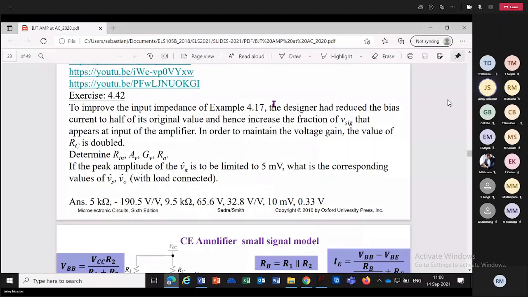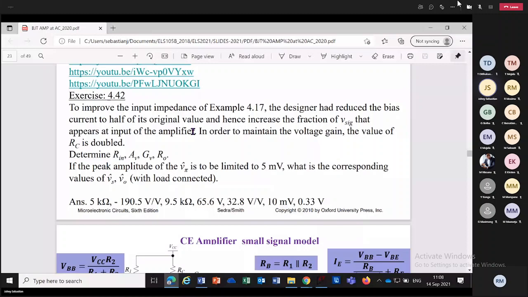I'm writing down the data, then I'll share the video. And hence increase the fraction of V signal that appears at input of the amplifier. In order to maintain the voltage gain, the value of RC is doubled.